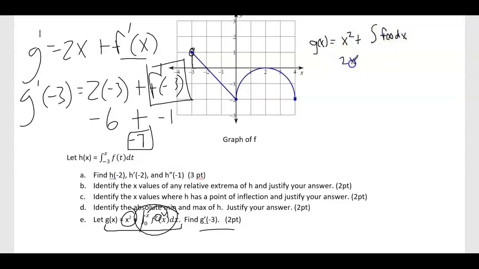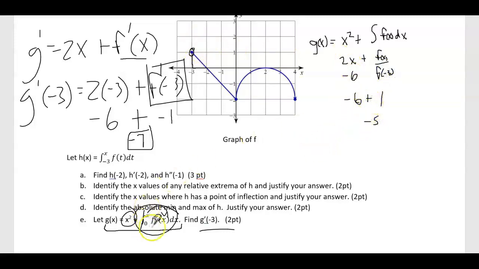You would still get 2x here, but here you would get f of x. And so when you plug your number in, you would still get -6 here, but this, if you were to plug in -3 here, you're looking for the y value at -3, which is a positive 1. And therefore your answer would have come out to be -5 instead.